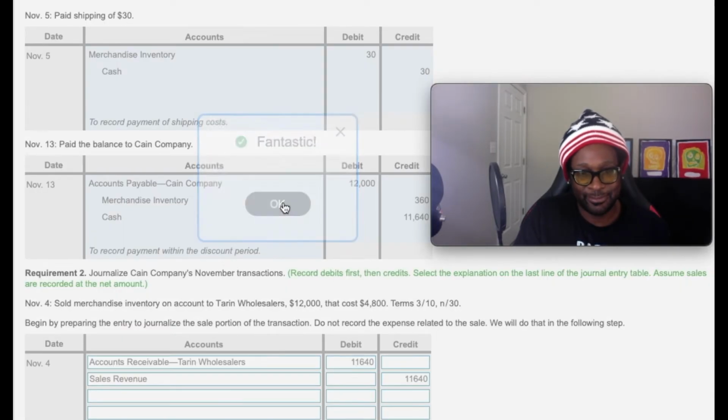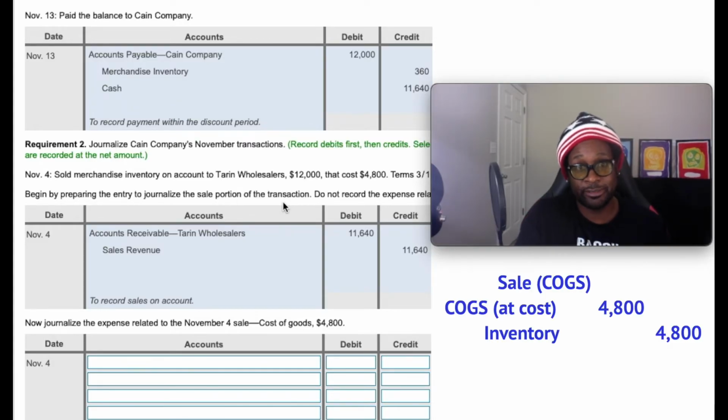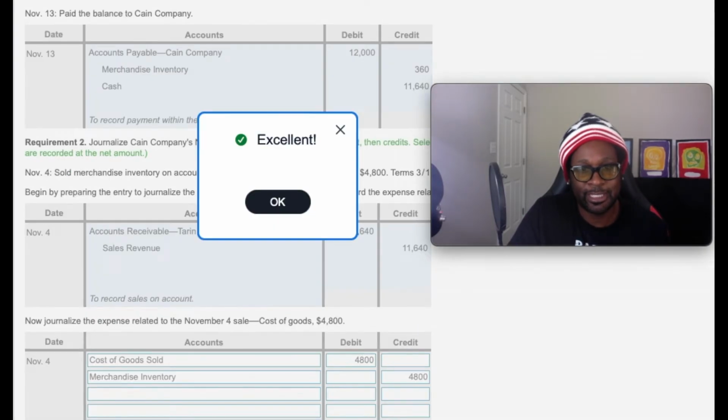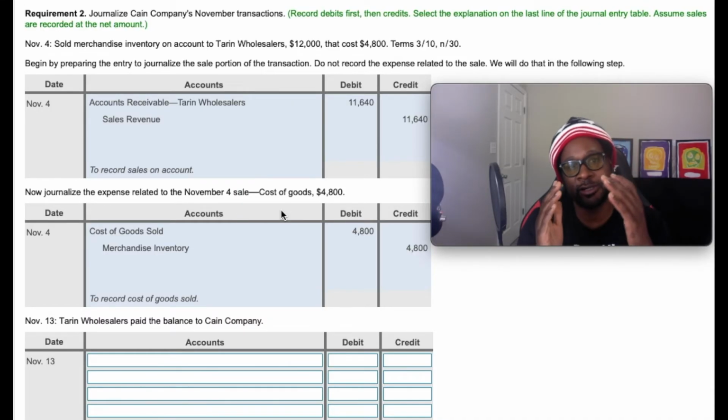Excellent job. But we're not finished recording the initial sale because we have to recognize the expense from selling the inventory. Thus, debiting cost of goods sold and crediting inventory at the $4,800. We're going to check the answer. Excellent job. And last but not least, we have to record the collection on account within the discount terms. And we already know why it's in the discount term from the previous side of the purchaser.